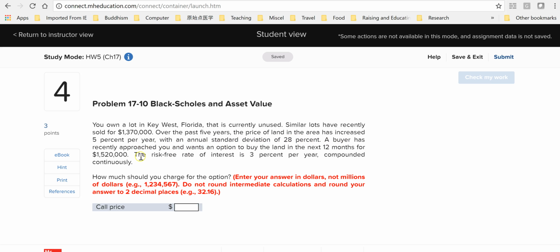A buyer has recently approached you and wants an option to buy the land in the next 12 months for $1,520,000. The risk-free rate of interest is 3% per year, compounded continuously. So the question asks you, how much should you charge for the option?